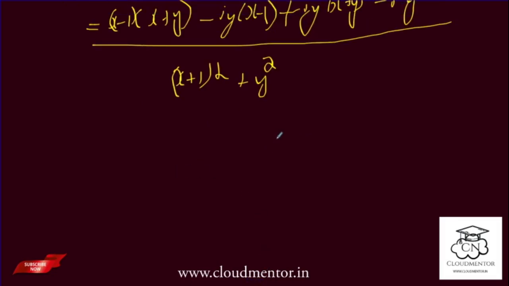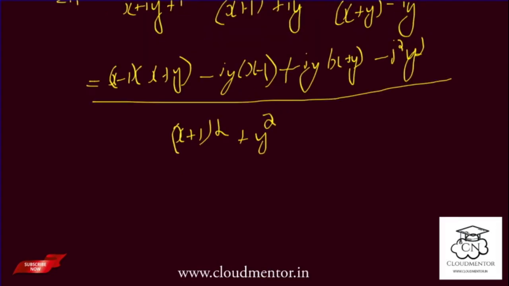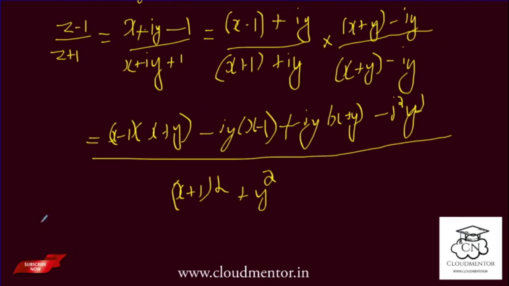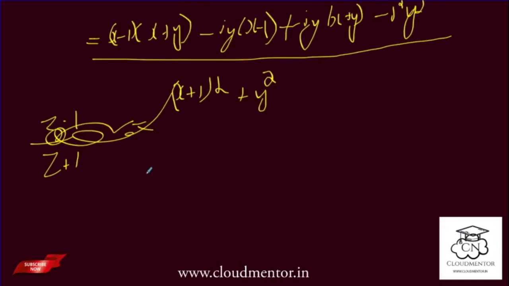And x plus 1 the whole square plus y square, that's it. Now simplifying, we can say z minus 1 by z plus 1 is equal to... I want to simplify that.